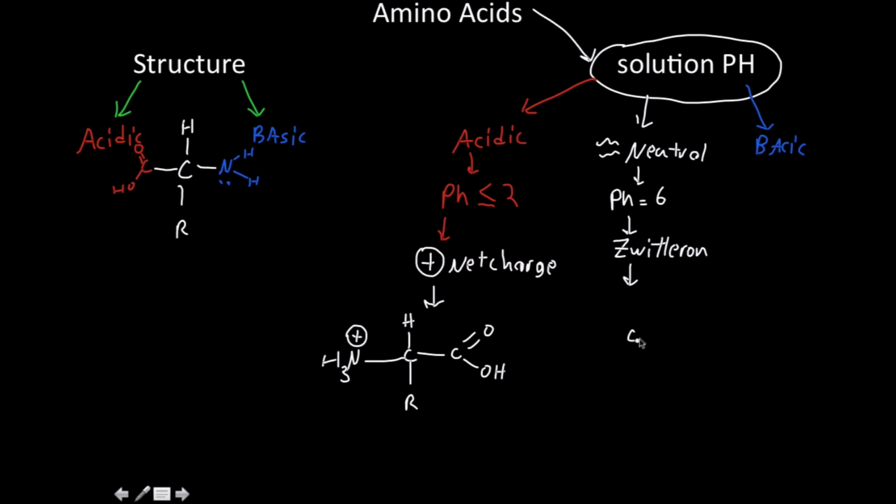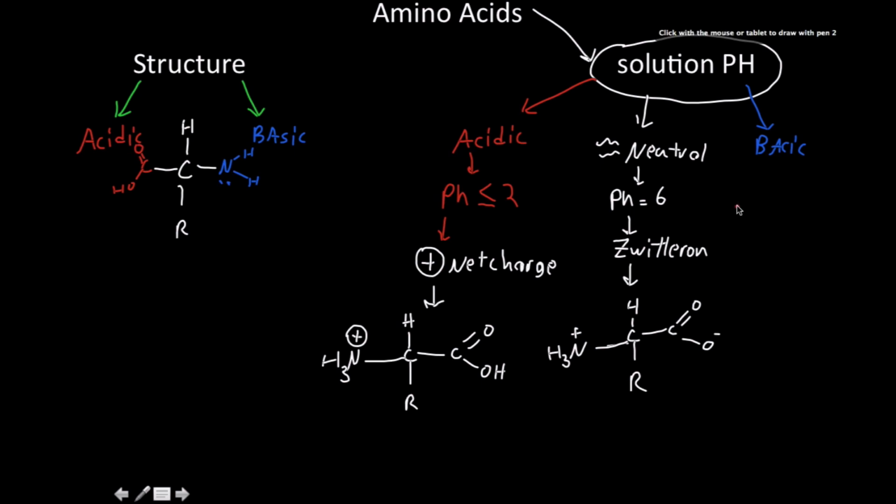To draw out what this looks like, you have C, there's your H, there's your C. It's not a carboxylic acid now, we have a carboxylate group there, and NH3 plus, hope you can see that, and then there's the R. So the only thing that's different is that as we've gone from a highly acidic pH to becoming more alkalotic, the first thing to go is the more acidic substance. So it's going to be deprotonated in that process.